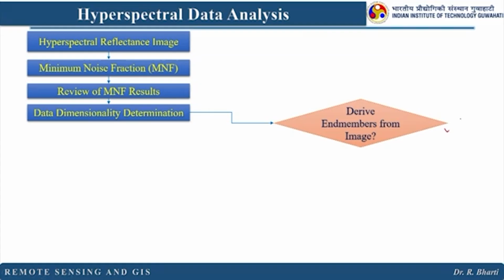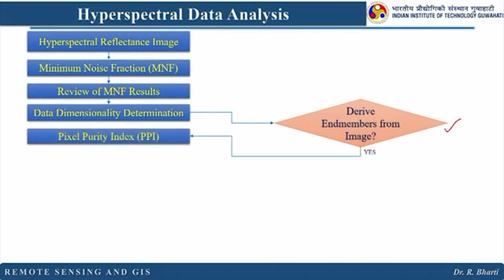In this particular flowchart, here we have a criterion. In this criterion, either you will use the image to derive the end members, or you can have the field investigation result. That means you have brought the spectroradiometer to the field, you have measured the reflectance spectra, and then you want to incorporate that information and classify this image.